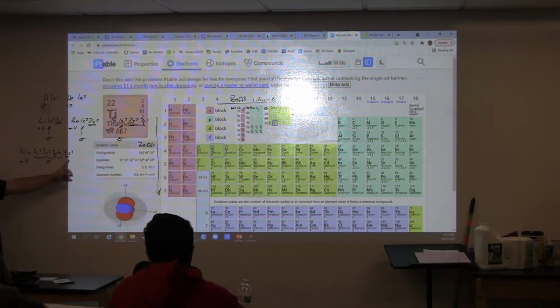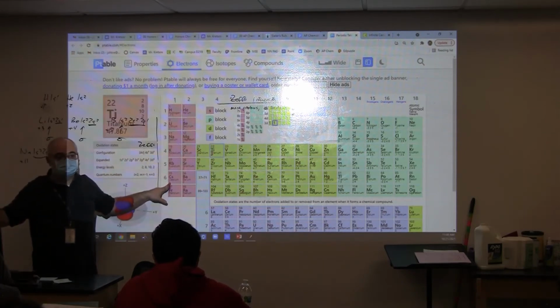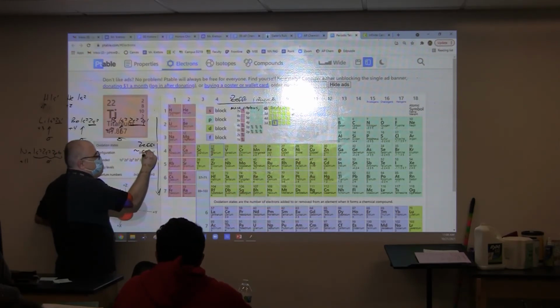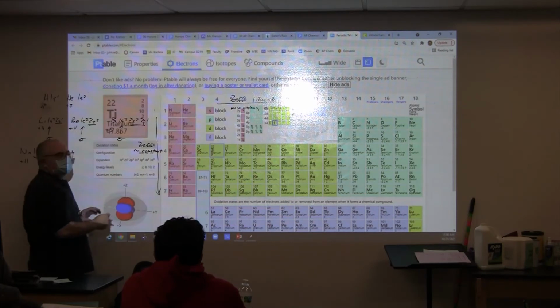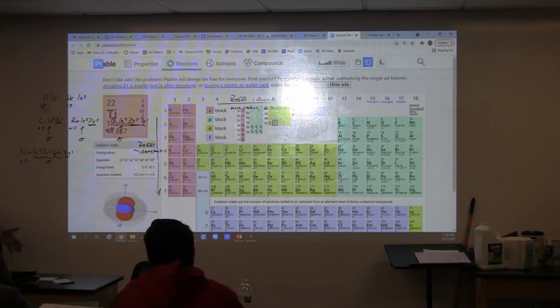So the effective nuclear charge, if you go down a family, is staying pretty flat because you keep subtracting all the intervening layers as shielding electrons. So that's not really the story going down. Then what is? Why aren't all the atoms the same when we go down the family?